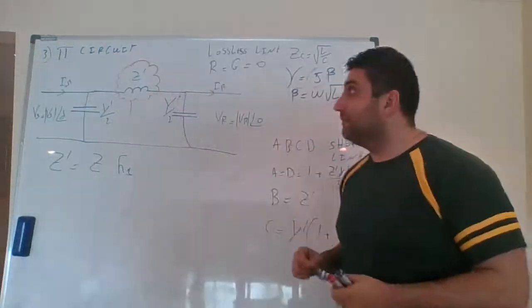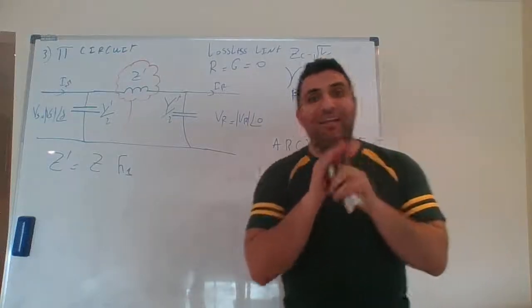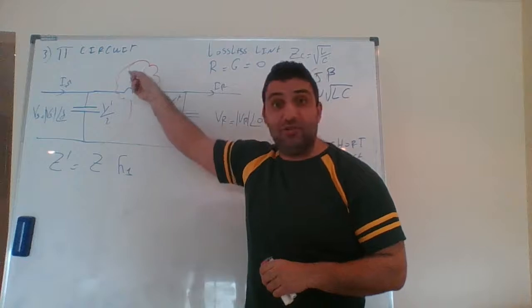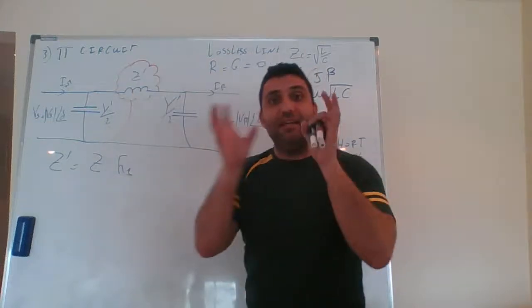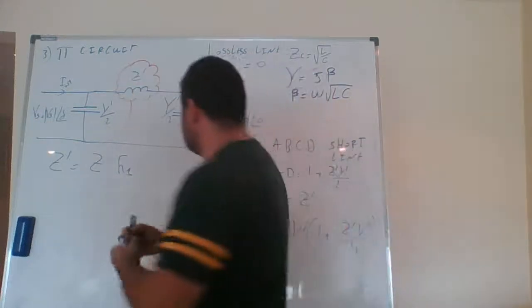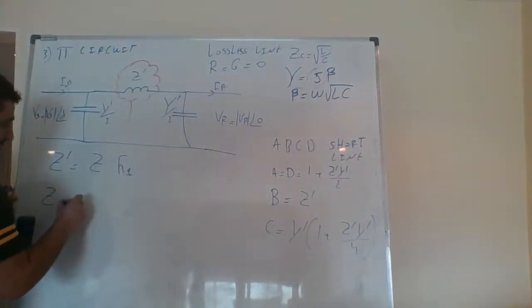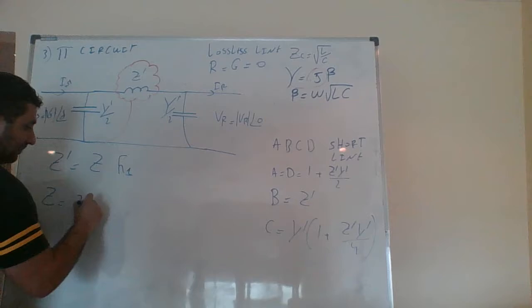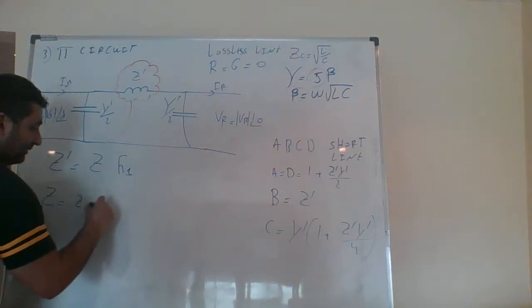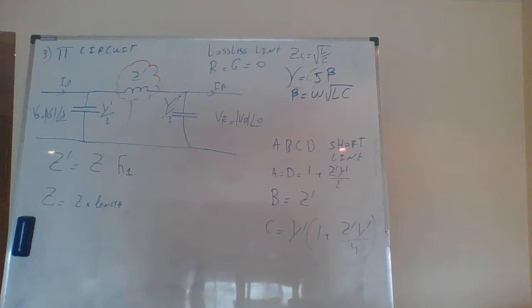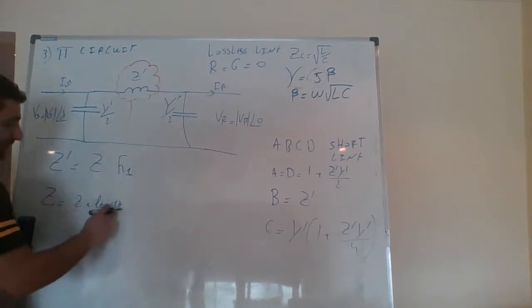Before we go ahead, I want to clarify two elements. This Z dash, or the big Z, is equal to this Z, small z, multiplied by the length. If you remember from the short transmission line, Z multiplied by length.